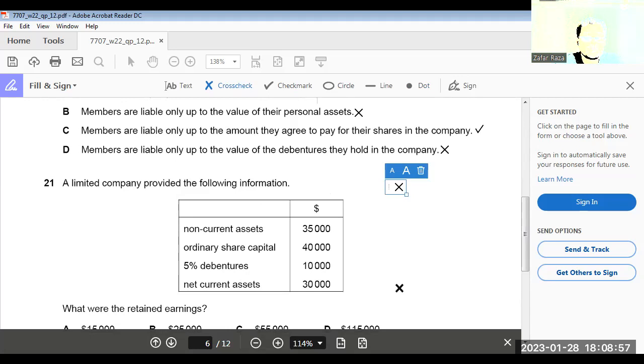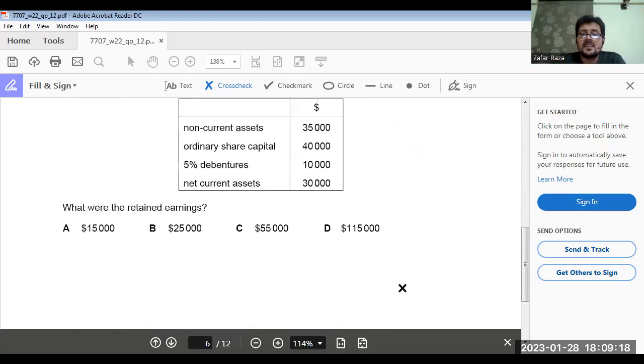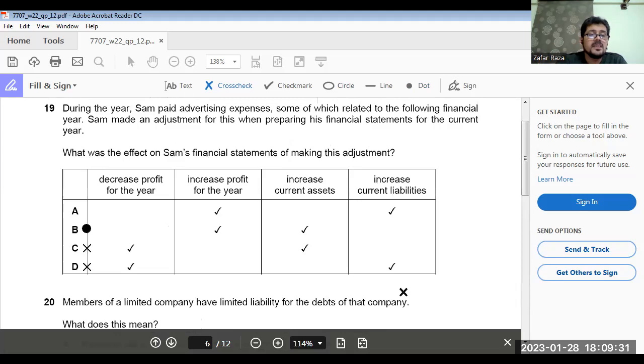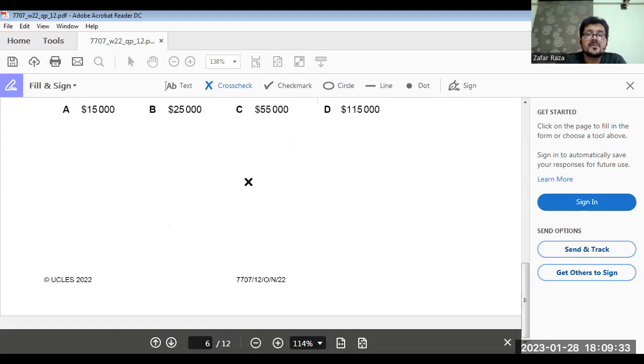Capital employed can be calculated using either side of the balance sheet: non-current assets plus net current assets or working capital, or shareholders' equity plus long-term liabilities. So if we add non-current assets and net current assets, it would give you 65,000. But if you add ordinary share capital and debentures, it will be only 50,000. 65,000 minus 50,000 means 15,000. So A option should be the answer. 15,000.